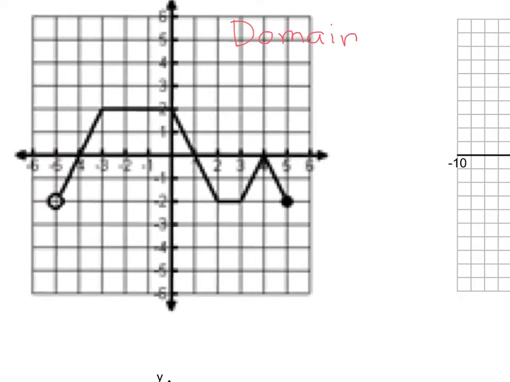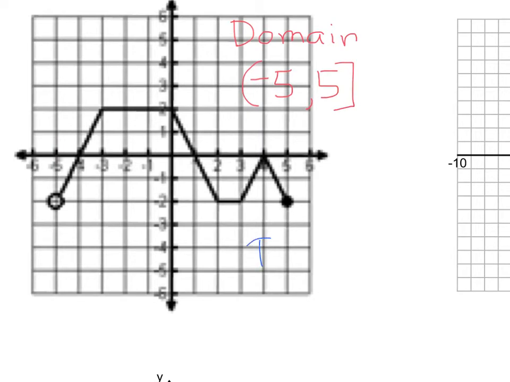So we'll have a -5 with a parenthesis for the open circle. On the right side of the graph, we have x equals +5, and there's a closed circle. So we'll put a +5 and a square bracket for the closed circle.